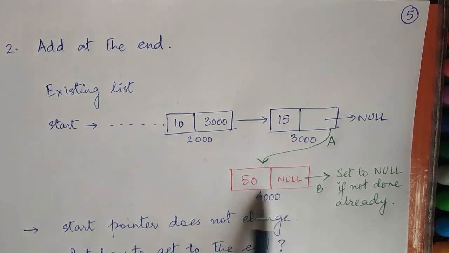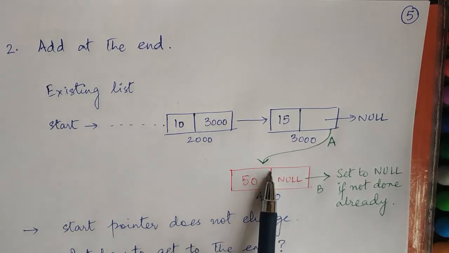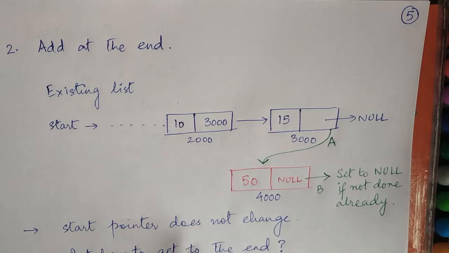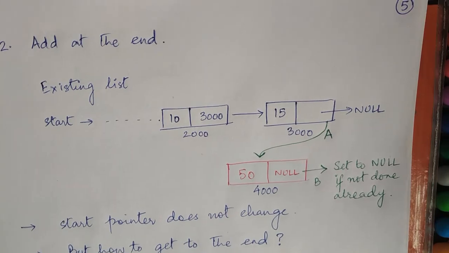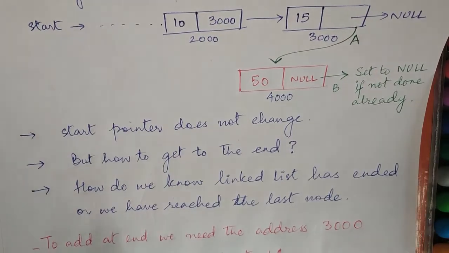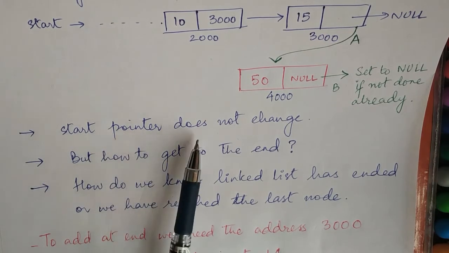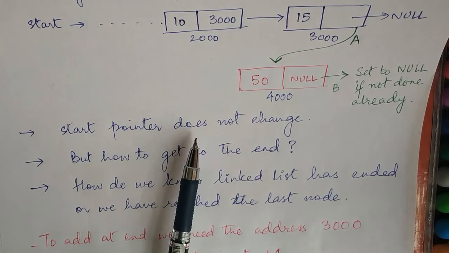So my problem will be solved. But let's see this case one by one. In this case, I don't have to do anything with my start pointer. The start pointer does not change.